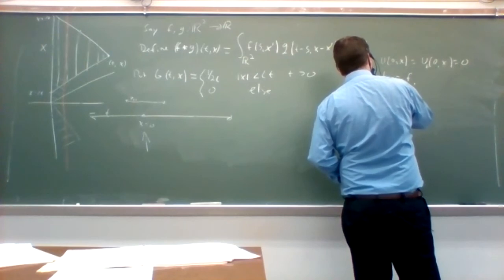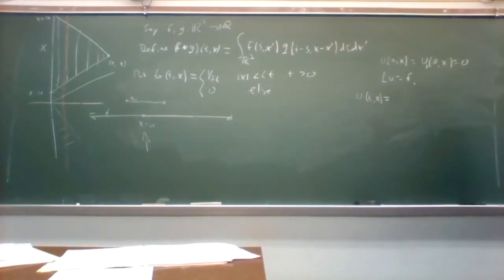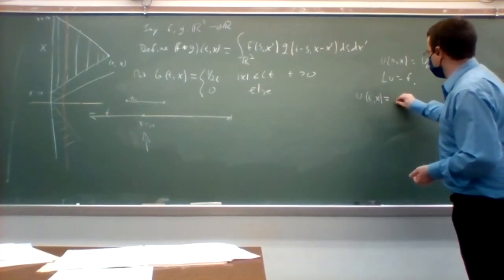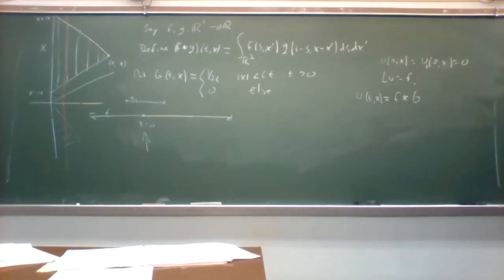That was the whole point of class. That's fine, but another way to write this is simply take f and take the convolution with G, and you're done.